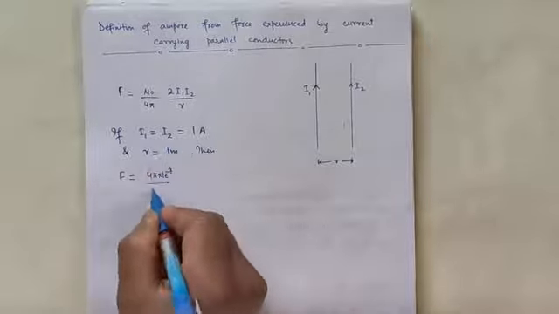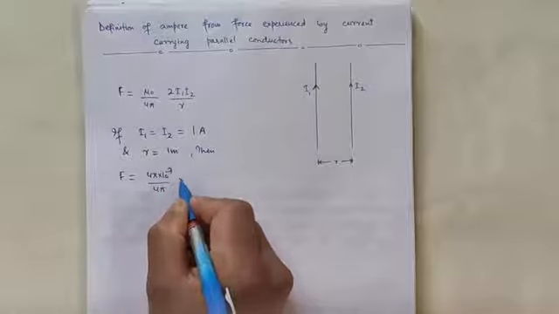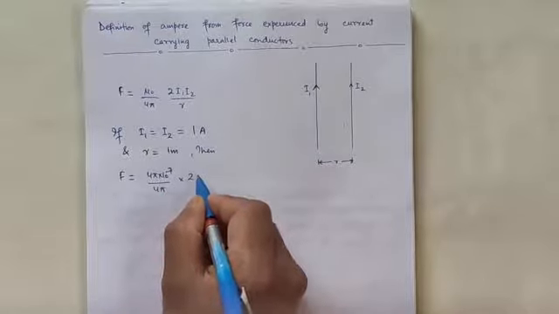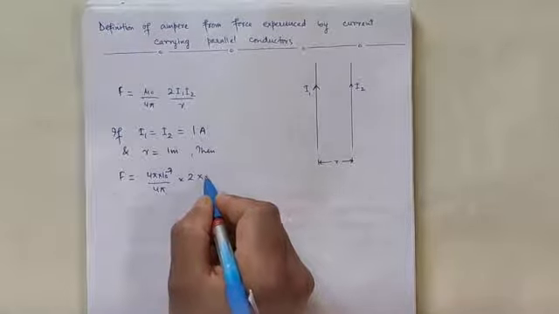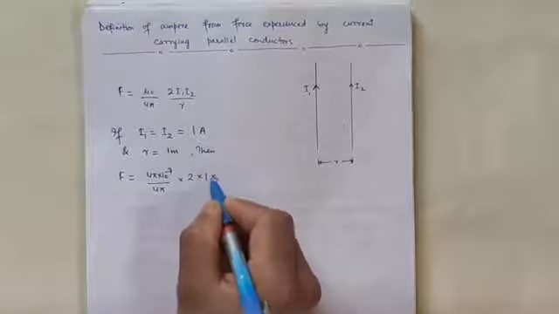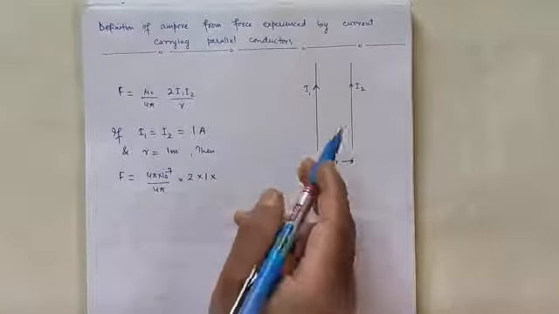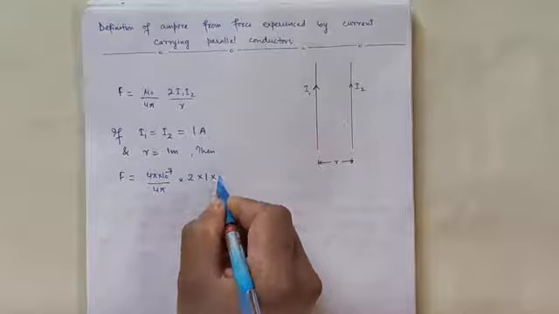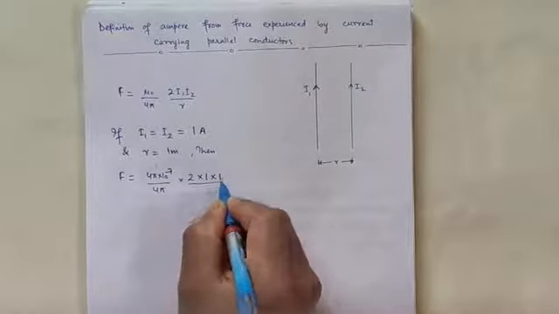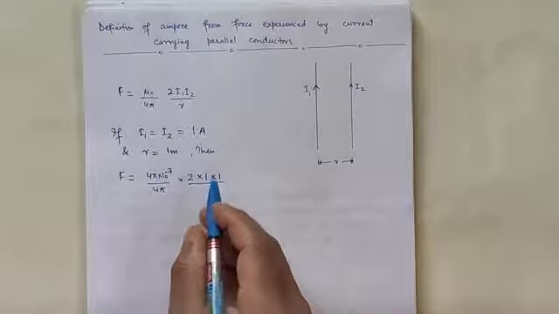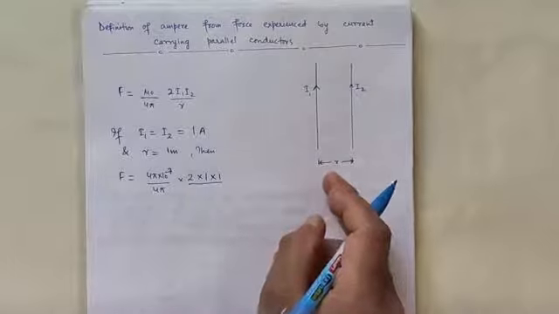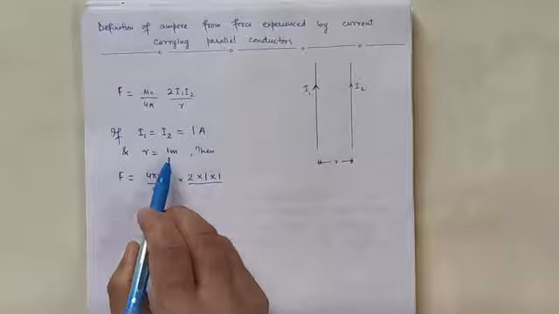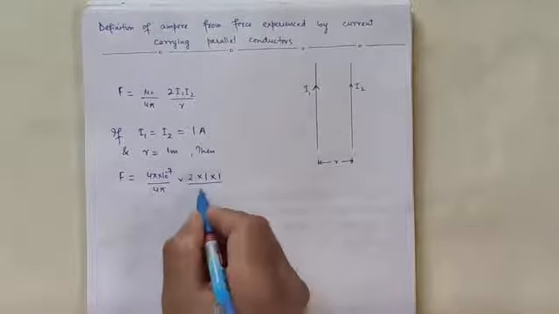This is divided by 4 pi into 2 times I1. I1 is the current through conductor first, that is 1 ampere, into I2, the current through conductor second, that is also equal to 1 ampere, divided by R. R is the distance of separation, which we have supposed to be equal to 1 meter.